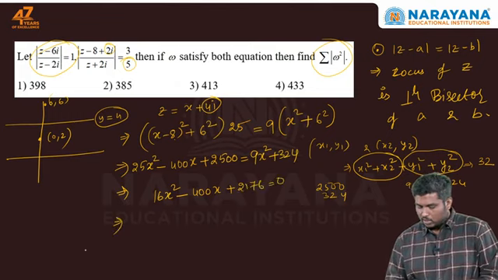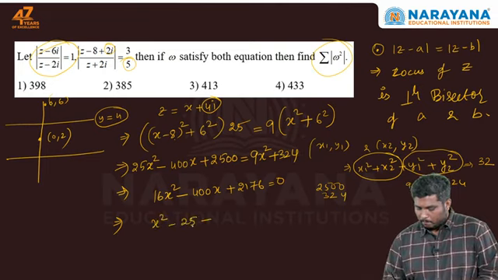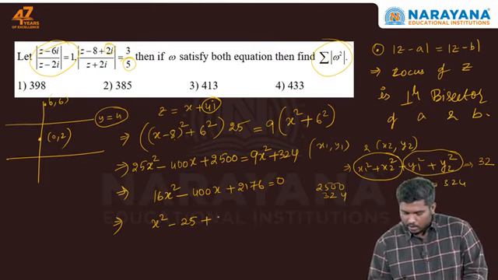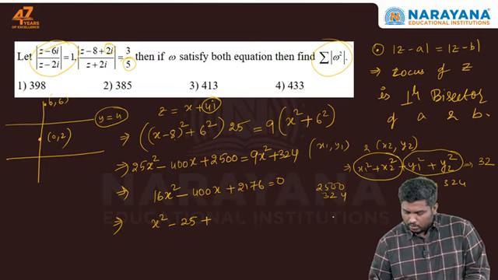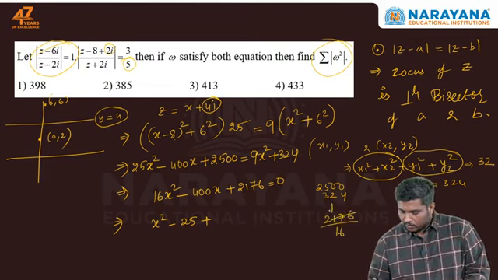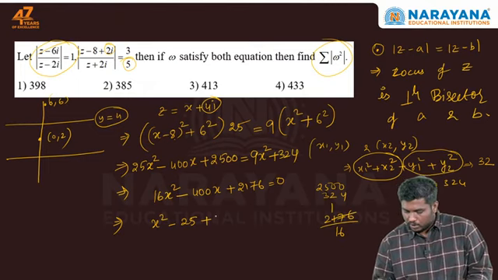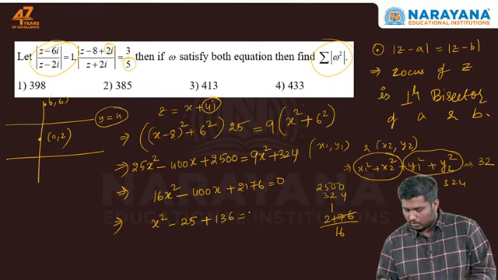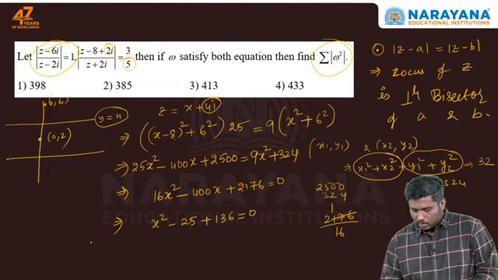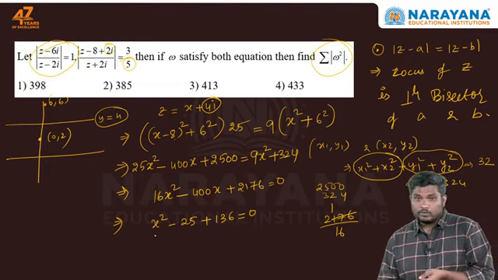Now taking 16 common, I'm going to get x square minus 25x plus, so what I'm going to get here is 2176 by 16, which is 136, yes, 136, equal to 0. So x1 and x2 are roots of this quadratic equation.